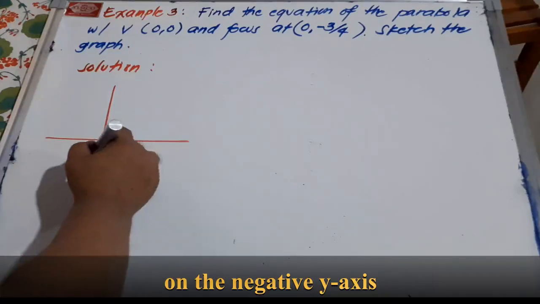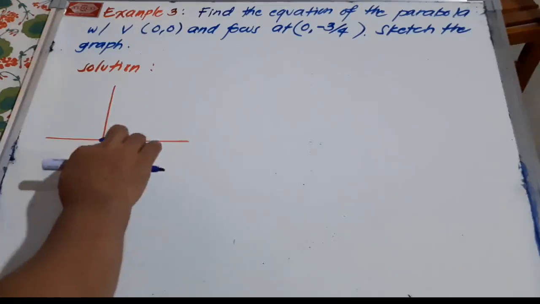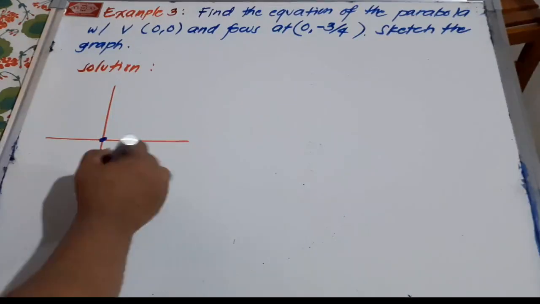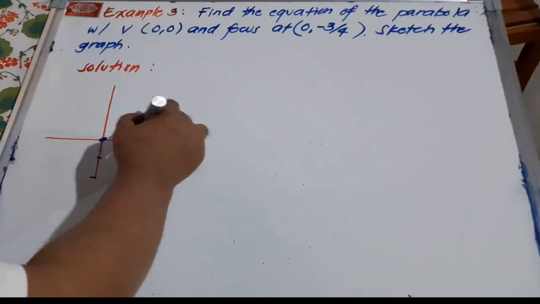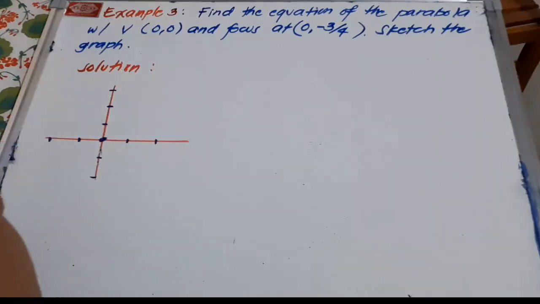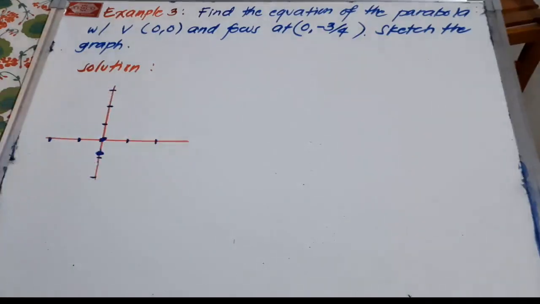We have 1, 2, ito maliit. 3/4, so, 1, 2, 1, 2, 3. Okay. So, 0, negative 3/4 is nandito sa negative y-axis. Yeah. So, 3/4, that will be 0.75 of 1 unit. So, nandito siya.